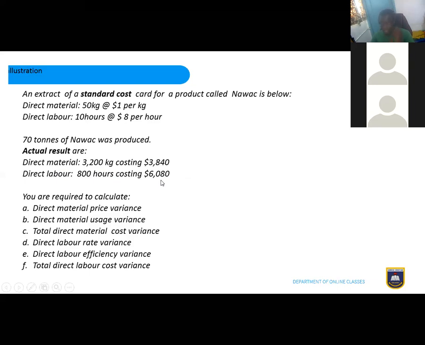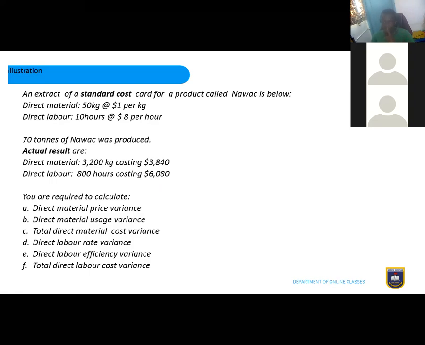What we need is just the unit cost, that is, the cost per hour spent on the job. When you move on to the second part, which is actual result, they gave you 6,080. This is not the per hour cost, or the rate per hour. It is just giving you the total amount that was paid to our workers. But we don't need a total, we just need the rate.